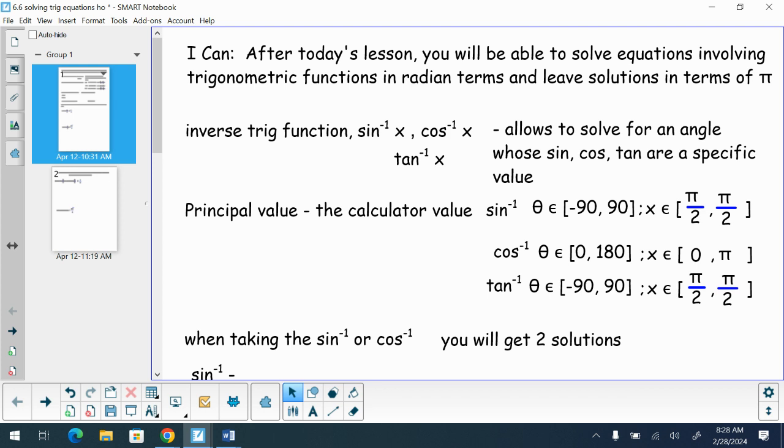When we use our inverse functions, which you have on your calculator, it allows us to solve equations. It allows us to get rid of sine, cosine, tangent.